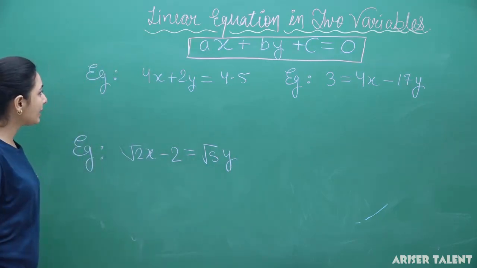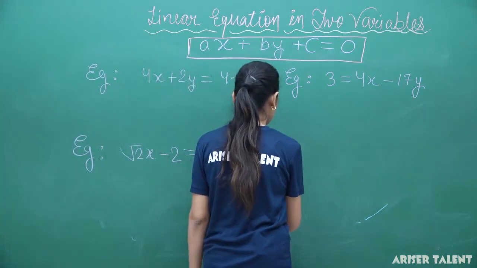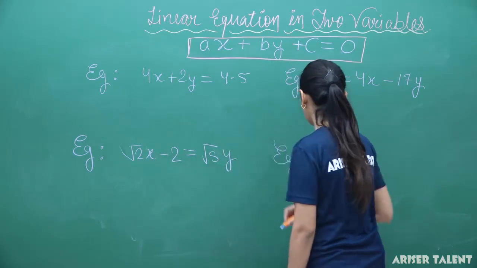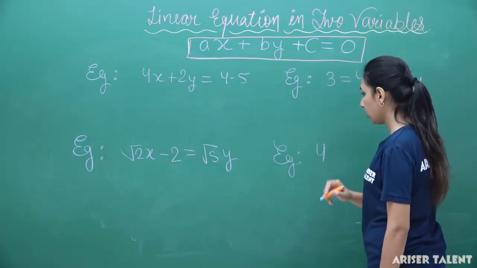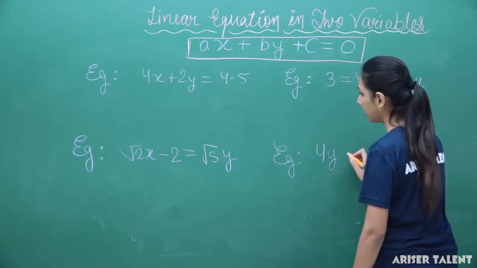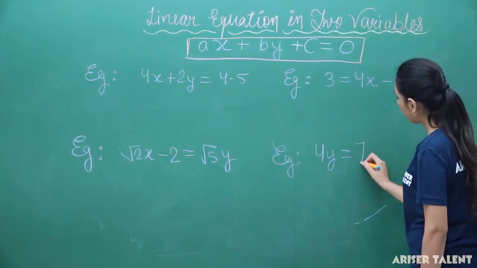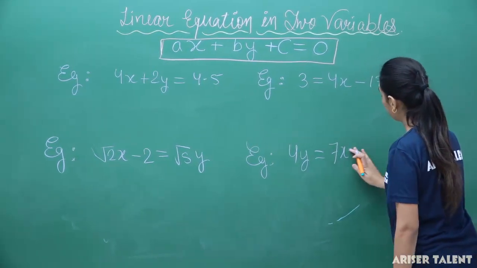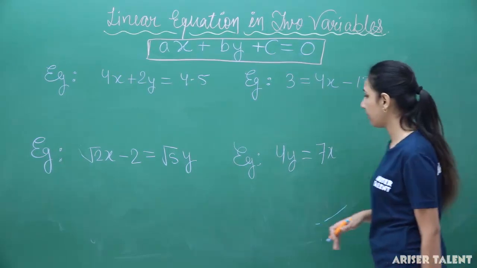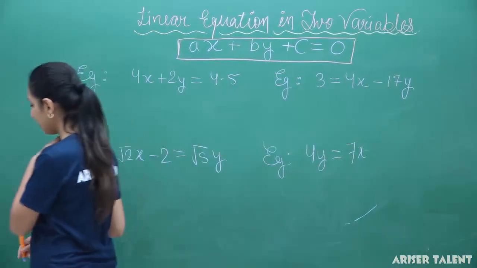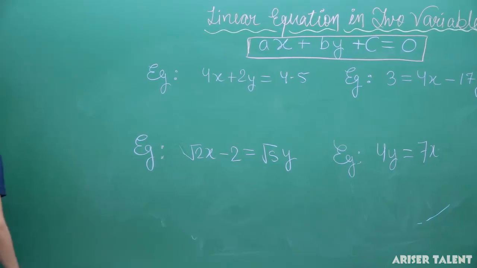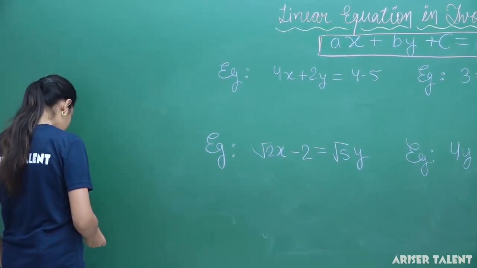Okay, and I can take the next example as 4y equals to 7x, and that's it. Okay, so we are taking these 4 examples now. Okay, done with the examples.